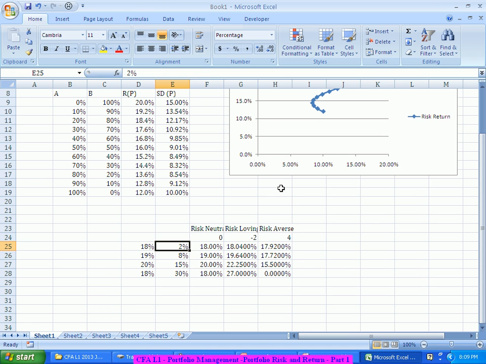Again, how much he has to add, he will decide based on which combination will give the highest possible Sharpe ratio. Whichever combination gives him the highest possible Sharpe ratio, he would like to invest in that combination. Right?